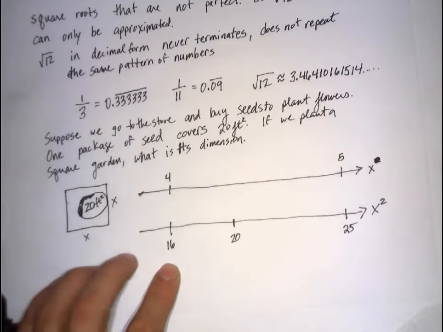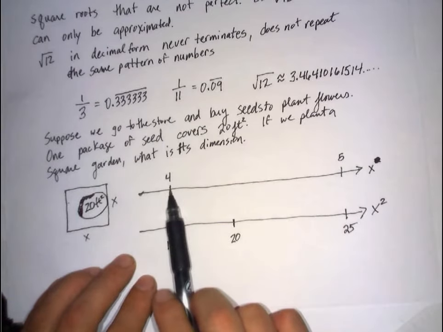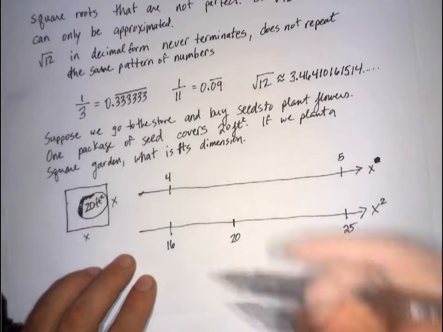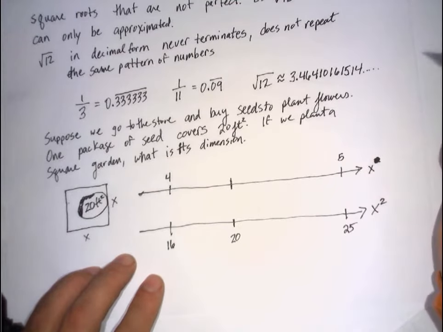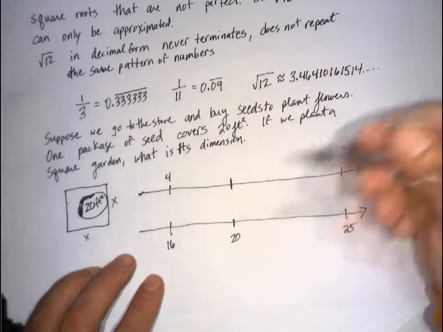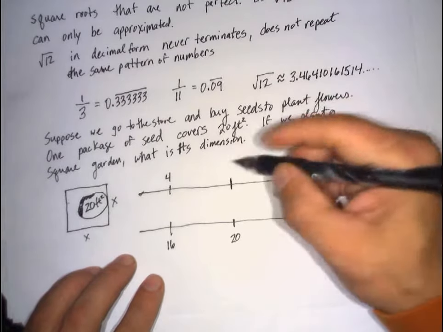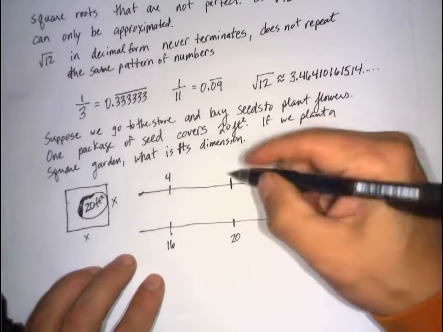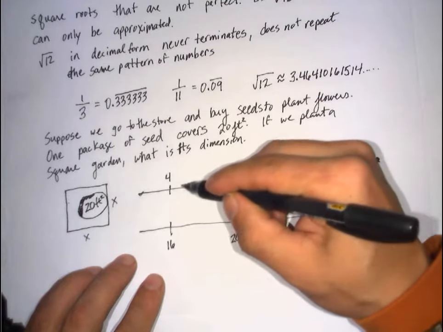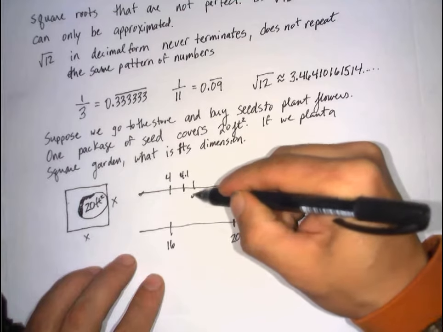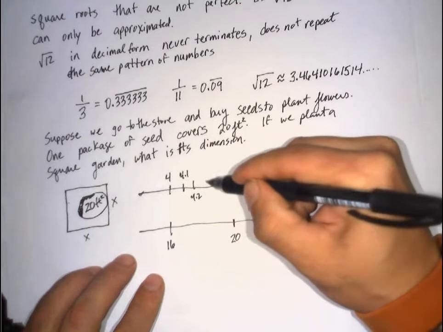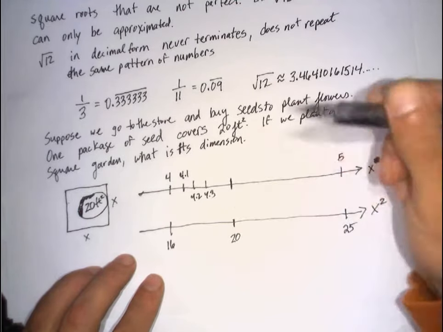It's probably going to be closer to 4, but we're going to approximate by finding some of these square roots, rounding to 1 digit, the 1/10th place. So we'd have 4.1 in here, 4.2, 4.3, and we'll see where 20 lies.